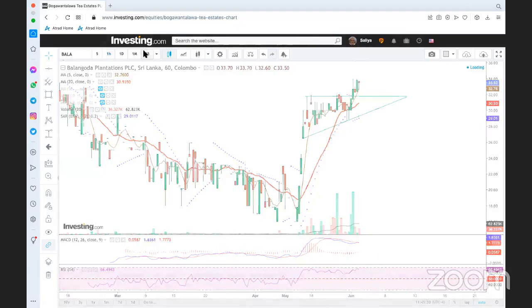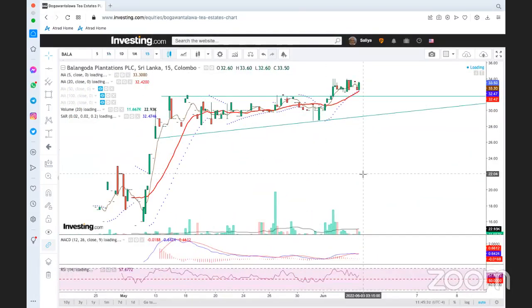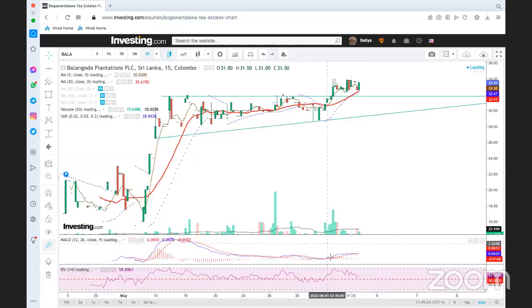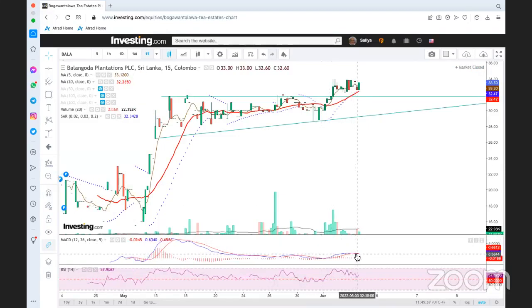But in the 15-minute chart, the MACD line has crossed below the signal line, right? But the rest of it are all bullish. PSAR is below, RSI is above, right? The volume, of course, if there's a major breakout, then you will see the volumes also increasing.